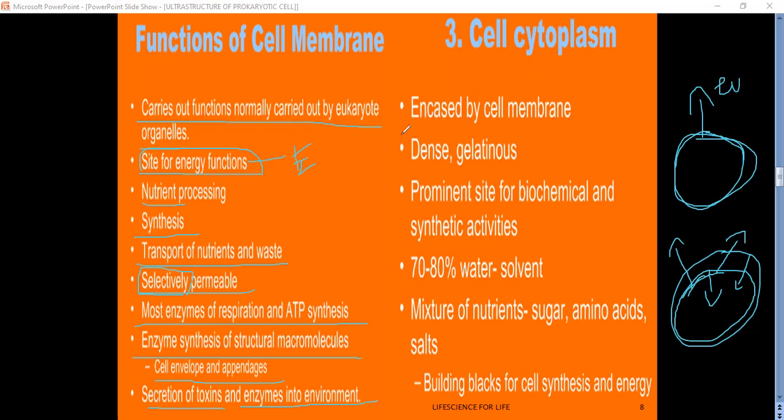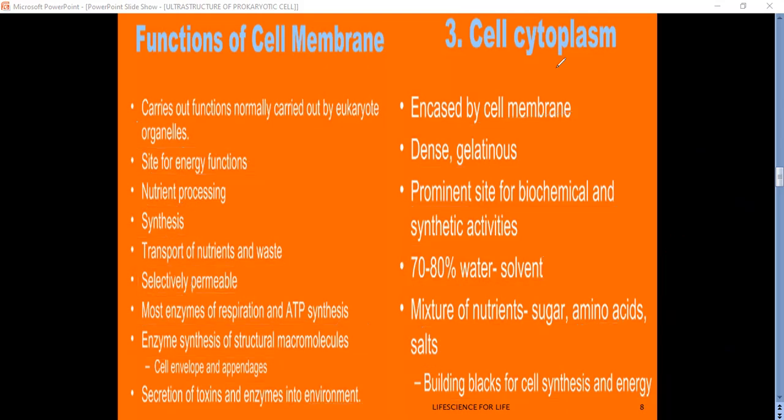The cytoplasm is encased by the cell membrane, dense and gelatinous, and a prominent site for biochemical and synthetic activities. This total cell is 70 to 80% water, a mixture of nutrients, sugars, amino acids, and salts, and building blocks for cell synthesis and energy.